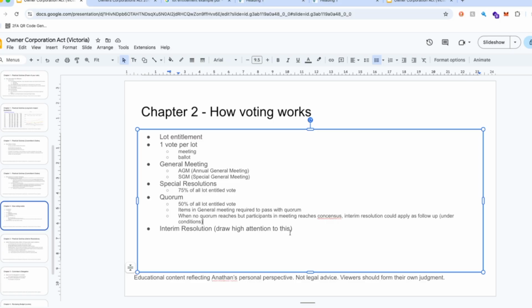Anyway, what I want to highlight about this interim resolution is its importance, because in some of the gotchas you will see, there could be bad actors in the OC taking advantage of this interim resolution to pass items that are not in the interest of the OC, by leveraging their, let's say, 10 to 20% lot entitlement control.